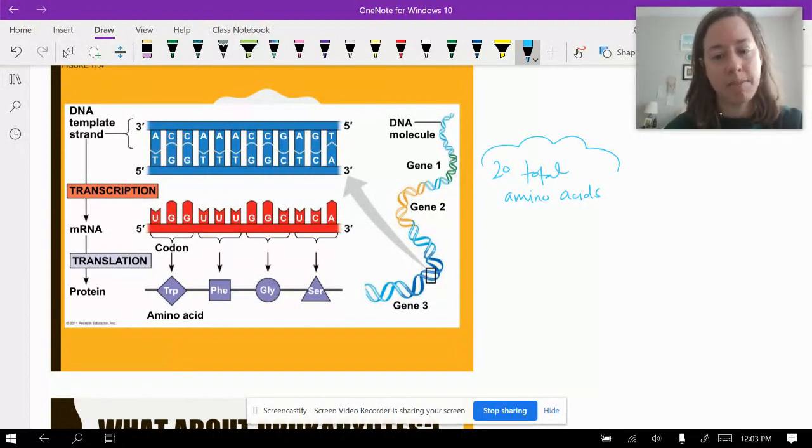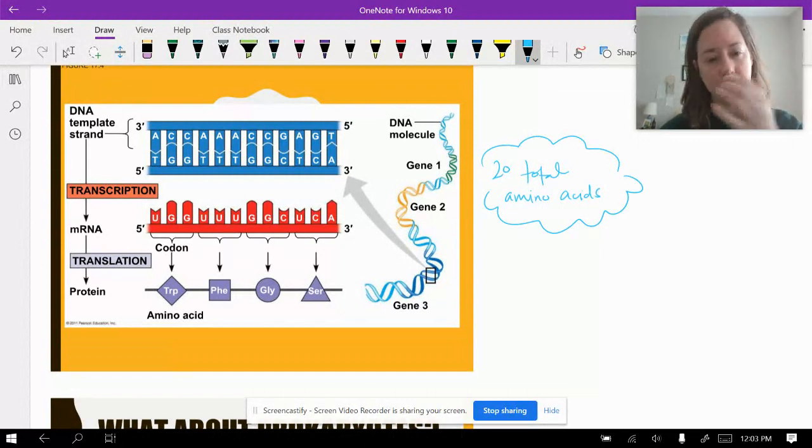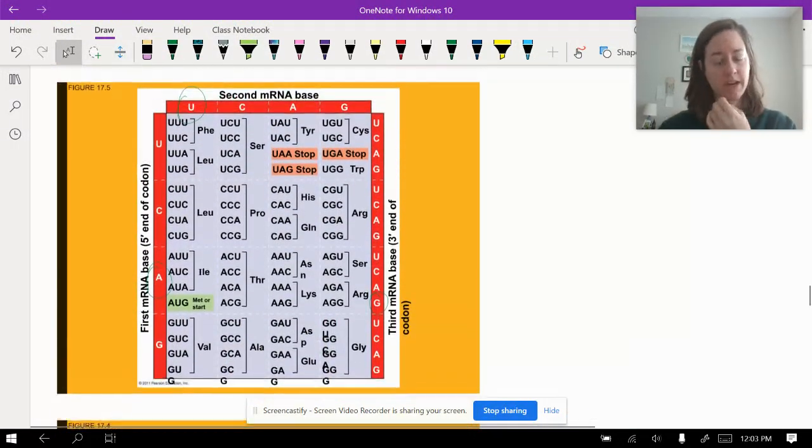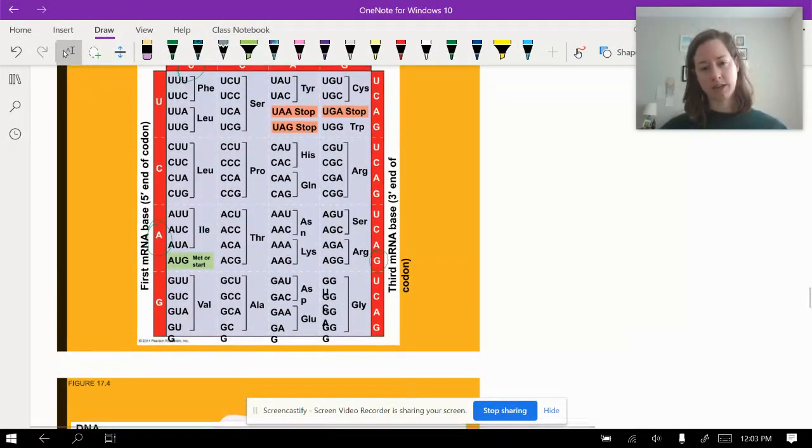You will see up at the chart, I'll go back real quick, that there are multiple codons that can code for the same amino acid, and that is because there are only 20 amino acids, and there are many other options for codons. So that's kind of nice, because if you get a mutation, a lot of times, especially in the 3rd spot of the codon, you can end up coding for the same amino acid anyways.